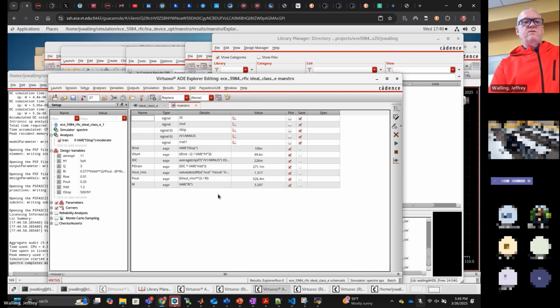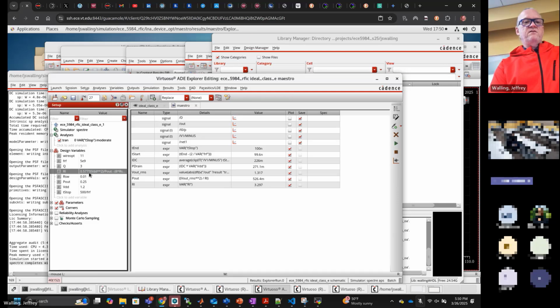Okay, so the only thing that we calculate in this variable list, well, I guess we calculate two things, but one is RL. RL is 0.577 times VDD squared divided by P out. Now, one thing you'll notice about Cadence, it does not have a caret symbol to square something. You use the star star, and then minus 2/3 R switch.